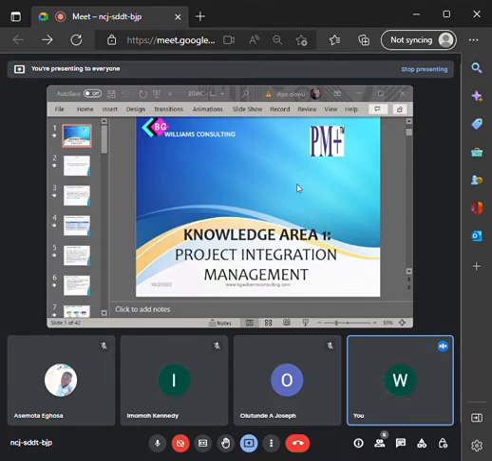All right. In addition, we also looked at organizational structure. In a situation where you find yourself in an organization that doesn't practice what is expected, how do you influence that organization for your own benefit? We looked at that. Then we looked at the different types of organizational structure, because we said project does not exist in a vacuum.